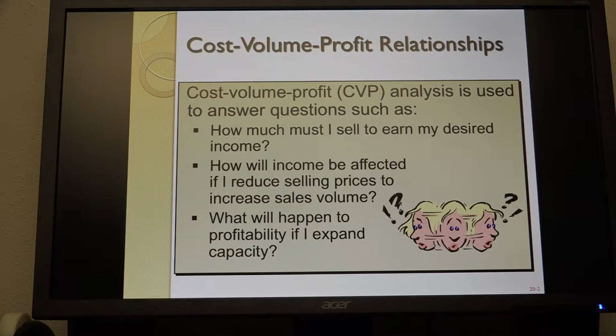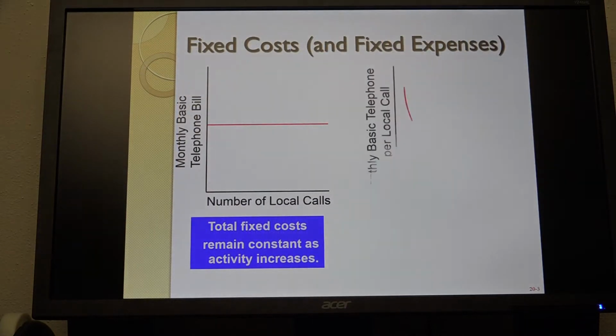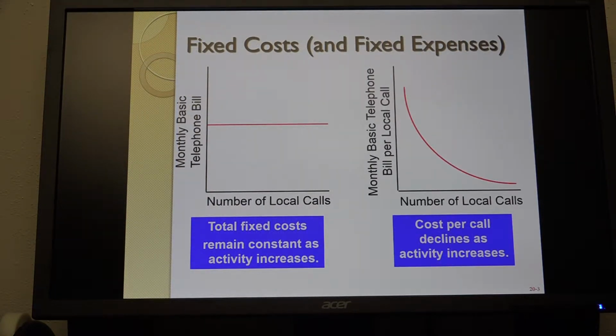What will happen to profitability if I expand capacity? And there are many other questions that this can answer. How much revenue will it take to break even? All right, so some of the preliminaries before we get into answering some of those questions are the following.